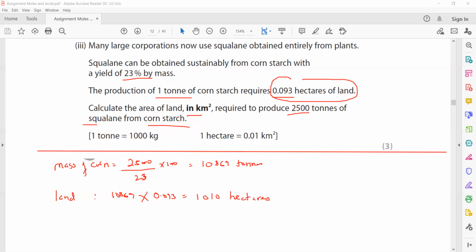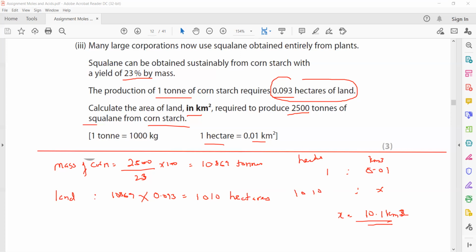And now we have to convert the hectares into kilometers square. As I mentioned here, 1 hectare is equal to 0.01 kilometer square. So if we have 1010 hectares, we'll have x kilometer square. So this will be x. About 10.1 kilometer square of land is needed to produce this much starch.